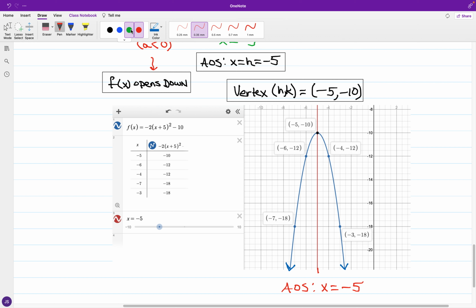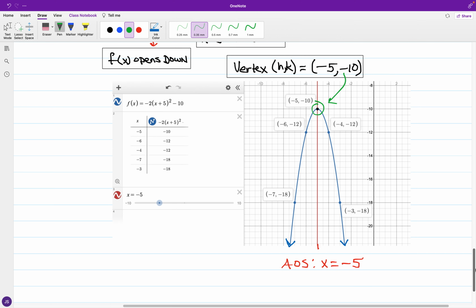The axis of symmetry always passes through the vertex, which we have at -5, -10. We'll be looking at further characteristics that will define a quadratic function.